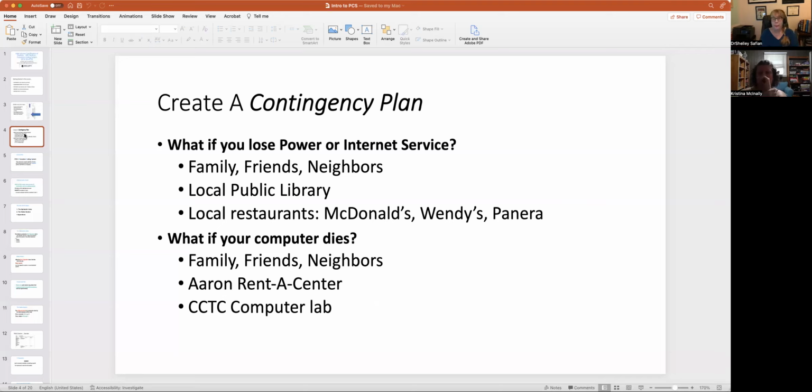And if you have a laptop, you can take your laptop and go to McDonald's, Wendy's, Panera Bread. There are 1,000 places that offer free Wi-Fi. You can even go sit on a bench in a shopping mall where it's air conditioned. I don't know, I'm in Florida, but you know, if it's hot. Anyway, the point is that I don't want you to think, oh my gosh, it's 10 a.m. on Monday, I didn't do my work and my internet service is out.